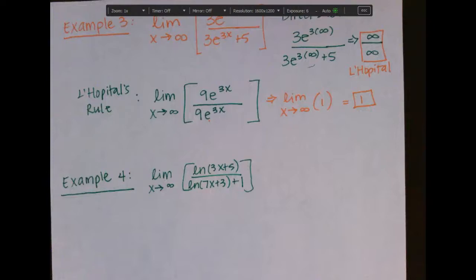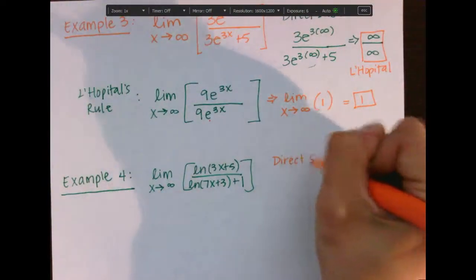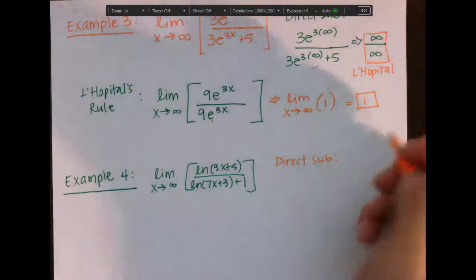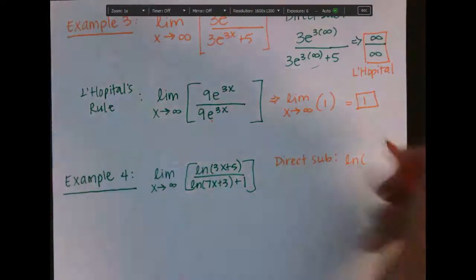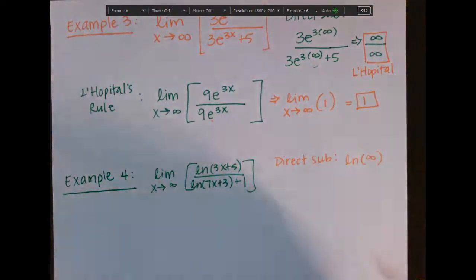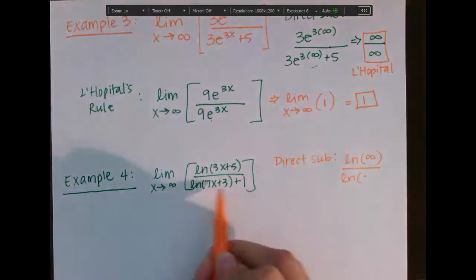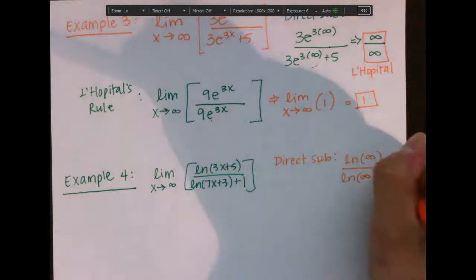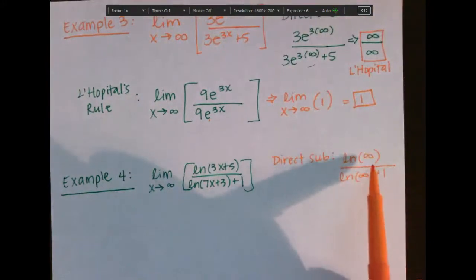So let's see the indeterminate form that we have when we use direct substitution to try to evaluate this limit. So we're going to get the natural log of 3 times infinity plus 5, which is the natural log of infinity, over the natural log of 7 times infinity plus 3, so just infinity plus 1. And again, we can't really plug infinity into a function to evaluate it, but we want to see what it's approaching.